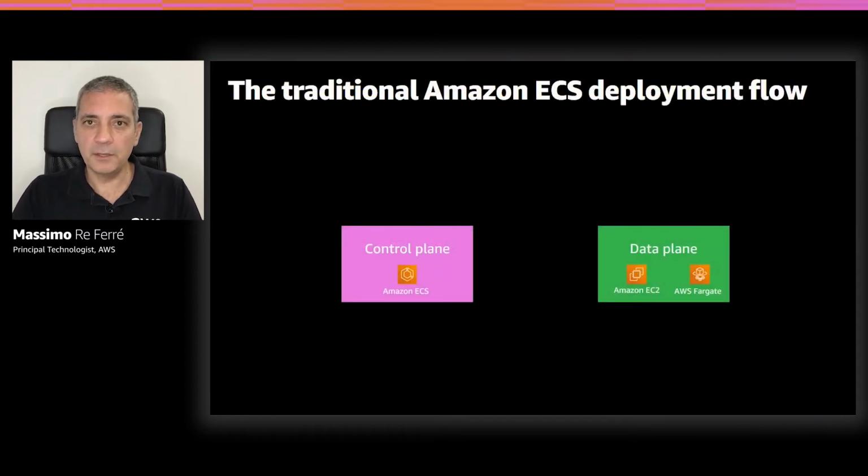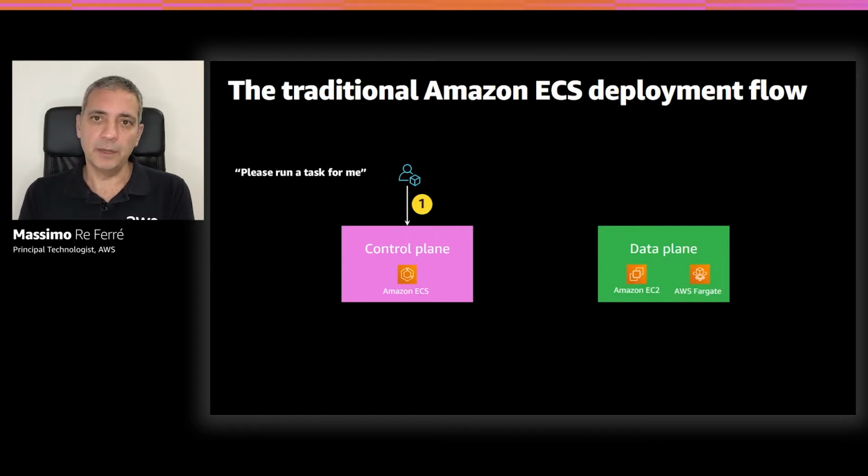So in this deck, you will hear me talking about the control plane and the data plane. So that we are all on the same page, let's talk about what they mean in the context of this deck. The control plane, which Amazon ECS represents, is the service that you're talking to as a user, as a developer, to say, can you please start this task for me?